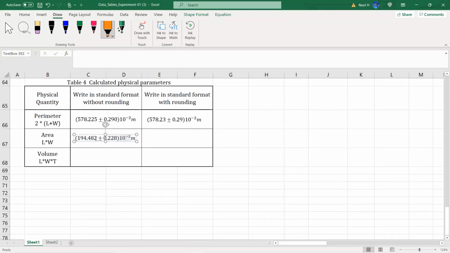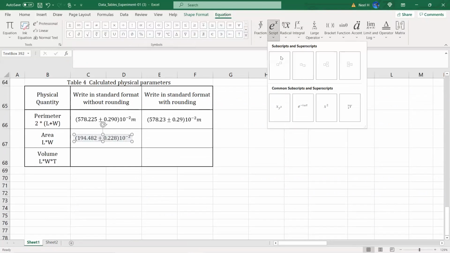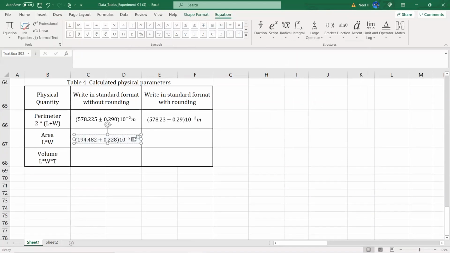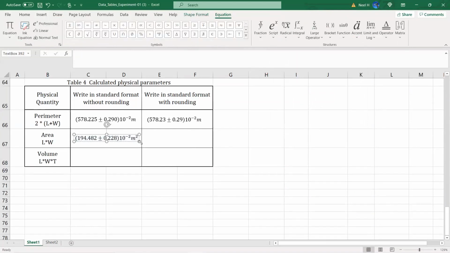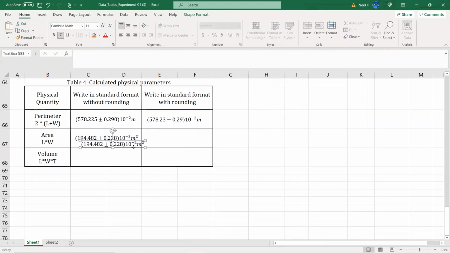Then 10 to the negative 2 is fine, but the unit should reflect meter square. I have to go to the equation editor window, script, power sign, then I should do meter to the power 2. Now it looks good. In the right SI unit, when I look at the number, it has a meaning, it shows the error correctly and so on. Then you can do the rounding, okay?